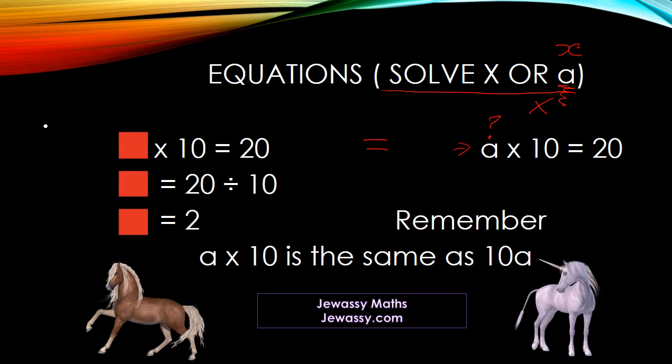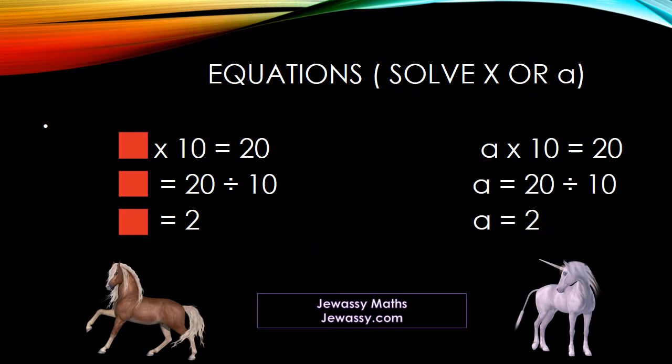But the fact that we have now got a letter in the sum, and the question is asked in a different way, now solve for a, confuses students.